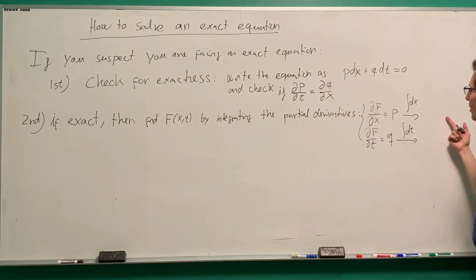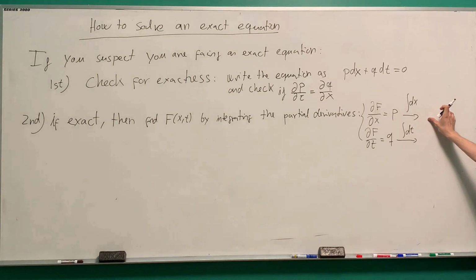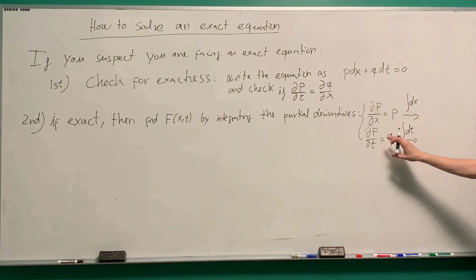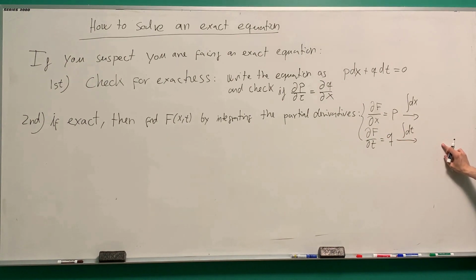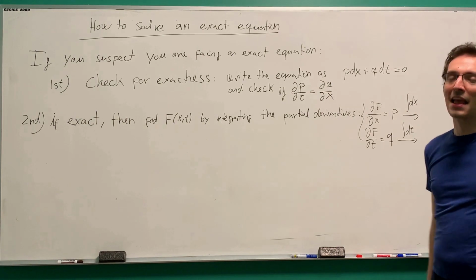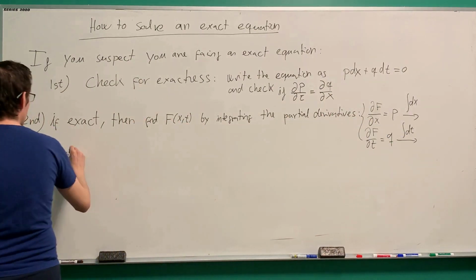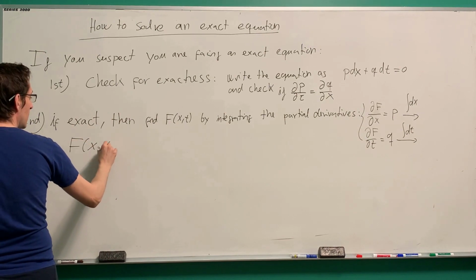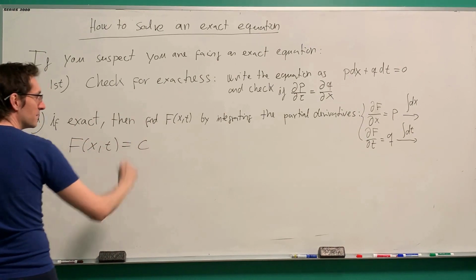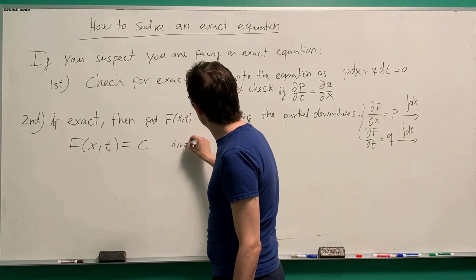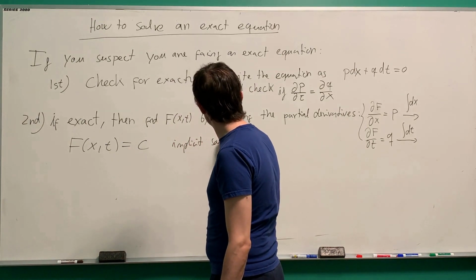Remembering that you will get extra functions: whatever you get integrated here, plus an indeterminate function of t, and here, whatever you get integrated here, plus an indeterminate function of x. And you need to compare the two to determine them. That will give you the solution in the form f of x,t equals constant. And that would be the implicit solution.